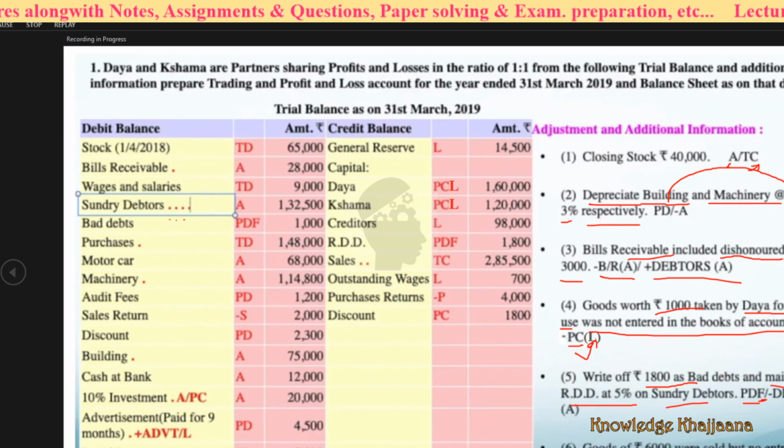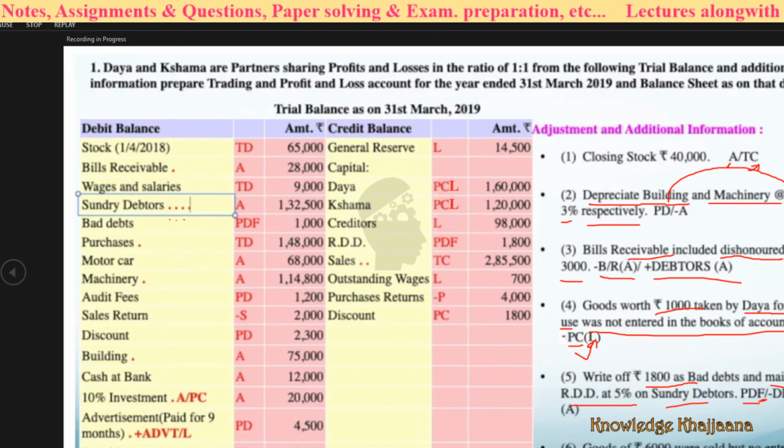Next, goods of rupees 6000. See, this is again an important adjustment. Goods of rupees 6000 were sold, but no entry was made in the books of accounts. What does this mean? Goods of rupees 6000 were sold. So first of all, what we have to do? We have to add to the sales. Goods of rupees 6000 to the trading account credit side, since we have sold rupees 6000 of goods. So that much of amount of debtors has been raised.